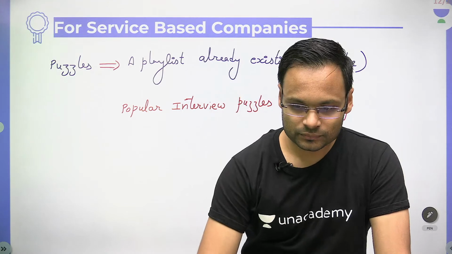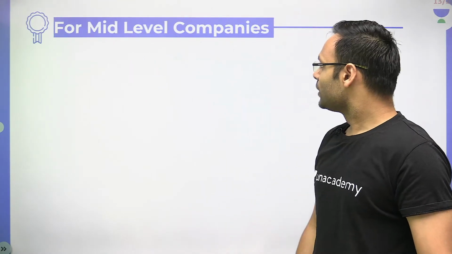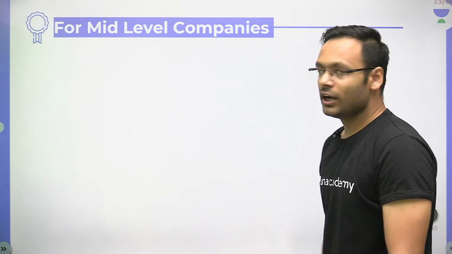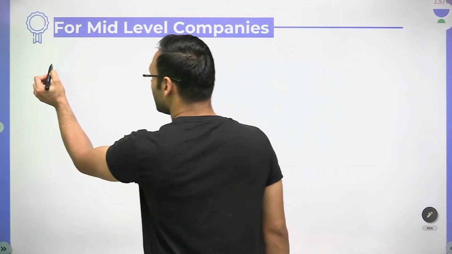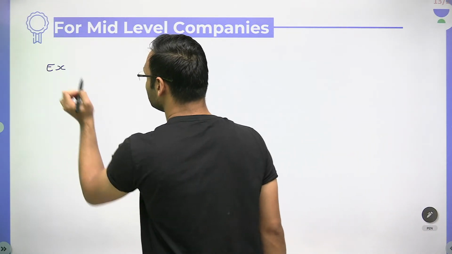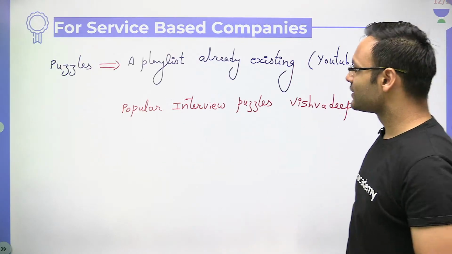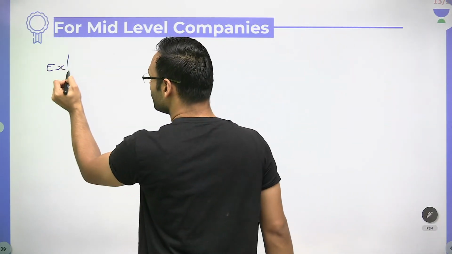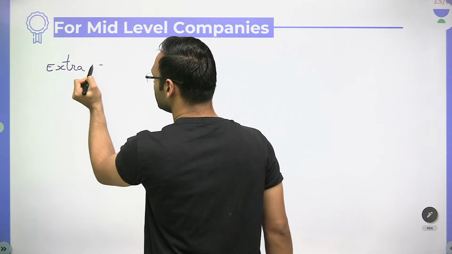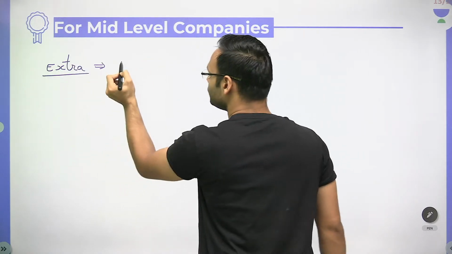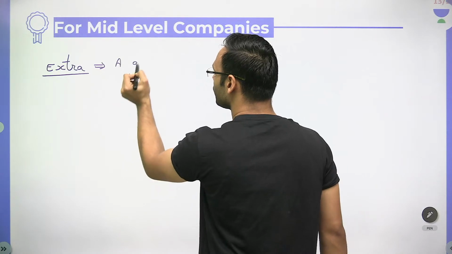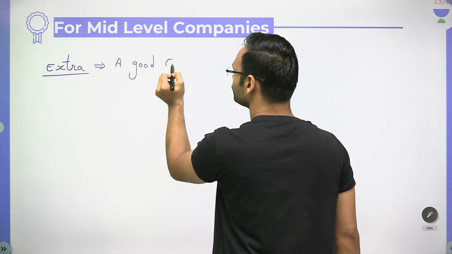Very simple. Now let's talk about mid-level companies. For mid-level companies, apart from whatever you are doing for service-based companies, written tests, etc., one extra thing you need to have is good coding practice.